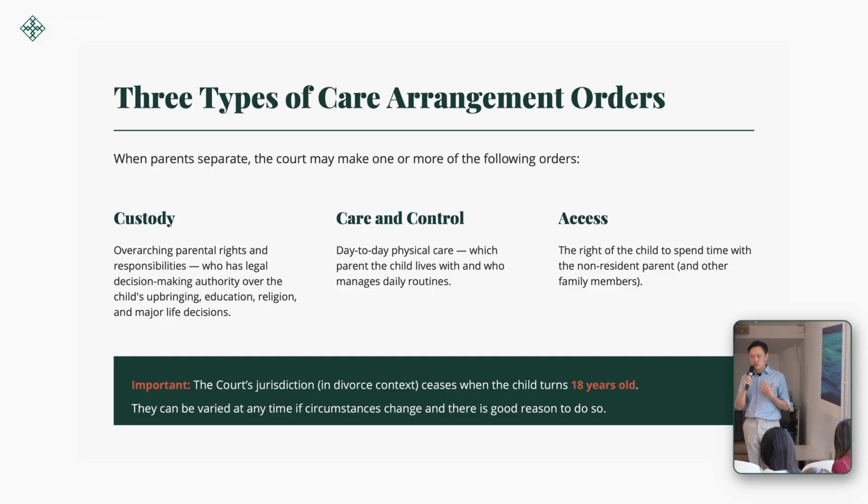And in relation to custody, there can be joint custody or sole custody. Joint custody simply refers to both parties making the decisions together, whereas sole custody means the party who has sole custody can make the final decision.